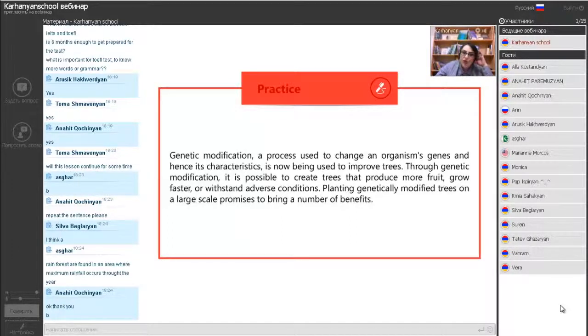I now try to find the main information here, what is the most important part, and try to both summarize it, but also don't forget about paraphrasing, because while summarizing you mustn't use the words that are written here.